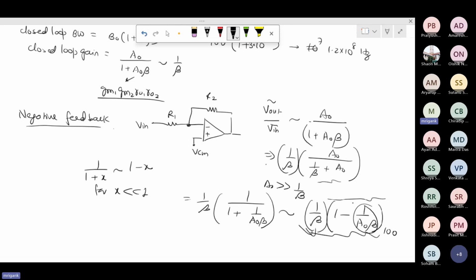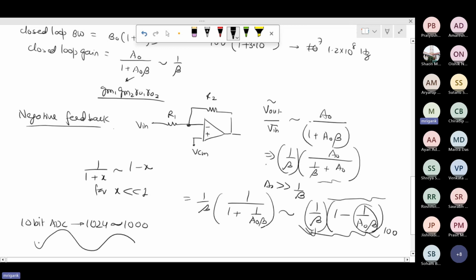You are looking for 1000 levels, the 1024 levels, almost approximately 1000 levels in the signal. That means the entire signal range that you're trying to capture, you are dividing into 1000 segments. Therefore, what is the precision of the signal you are looking at? 0.1%.